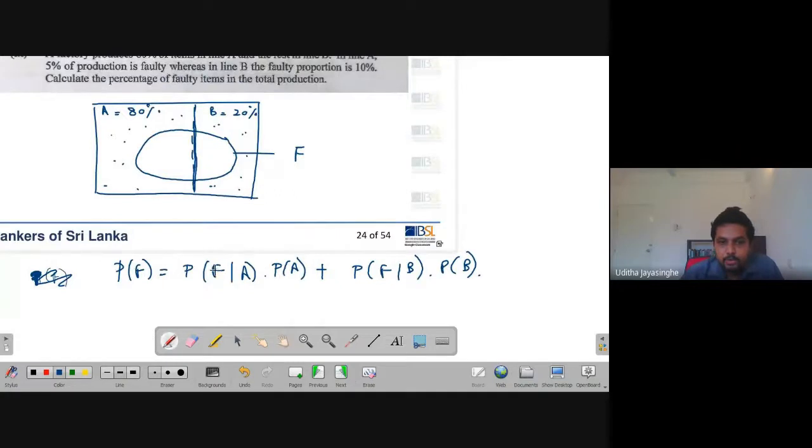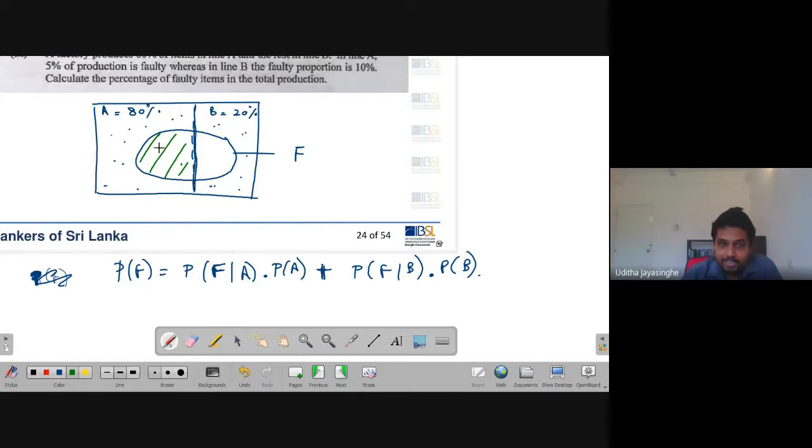I have put the conditionality quickly into an equation. Faulty given A is this area, multiplied by probability. That's why I told you I can't really take the first 5%.